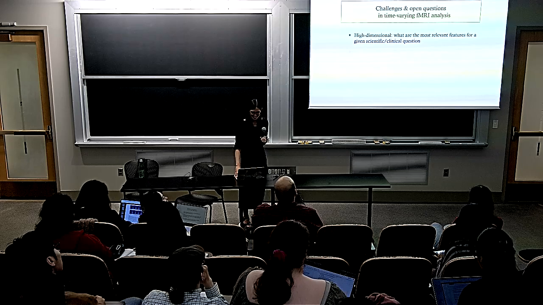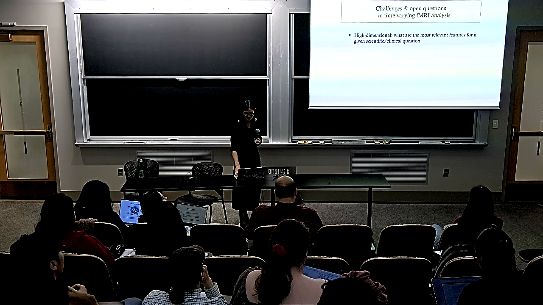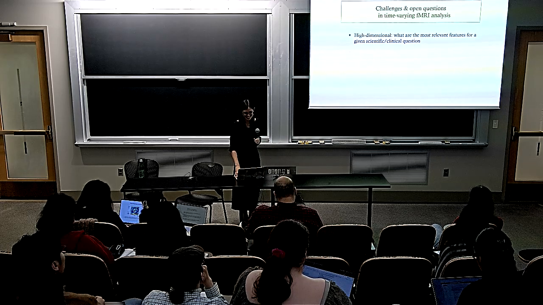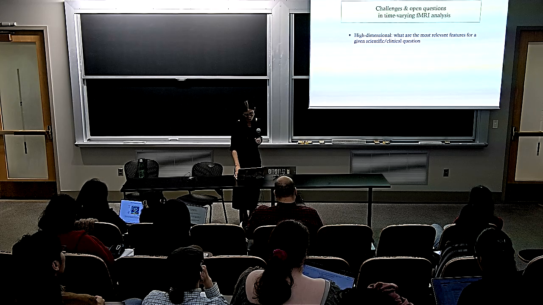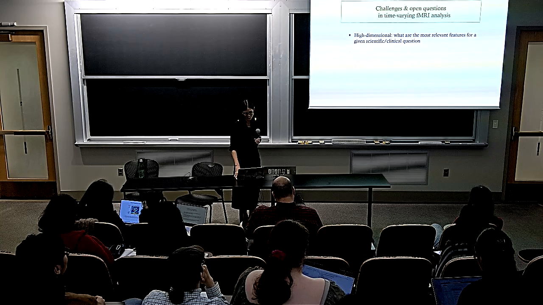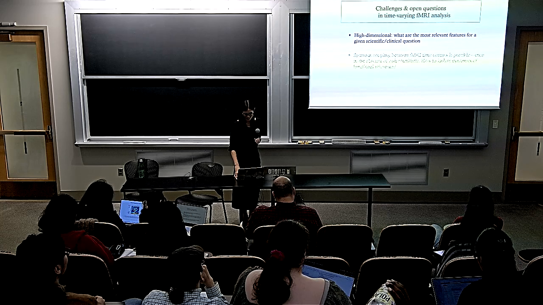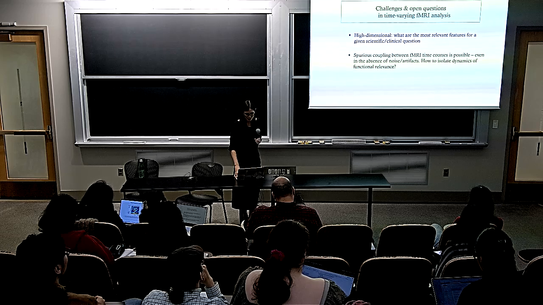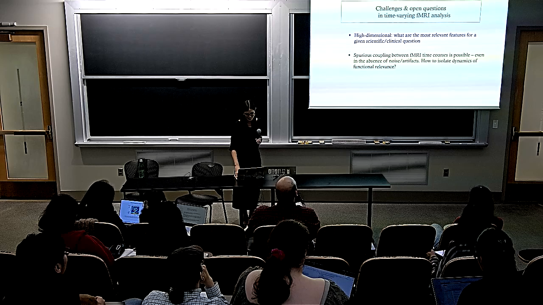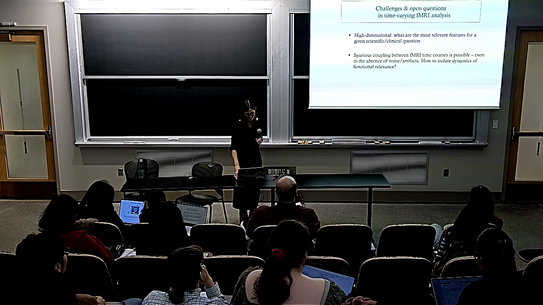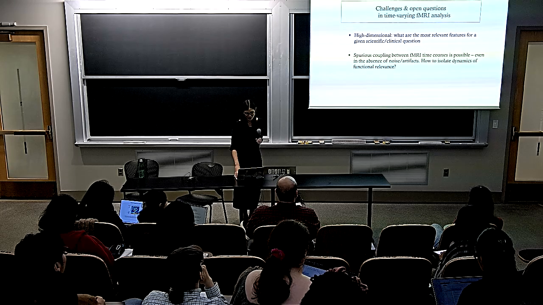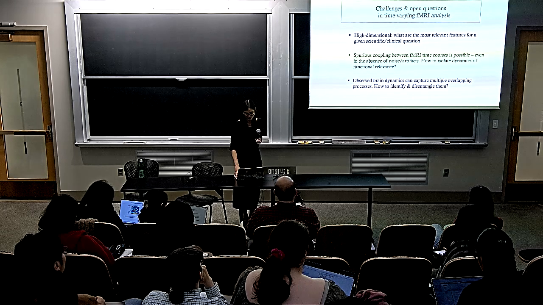One thing that people consistently grapple with is that we now have a lot of high dimensional features, so isolating the ones that are most relevant for a given scientific or clinical question is always important. There are also other ways of getting spurious coupling between fMRI time courses, even in the absence of noise and artifacts. And so how best to isolate dynamics of functional relevance continues to be an ongoing question.